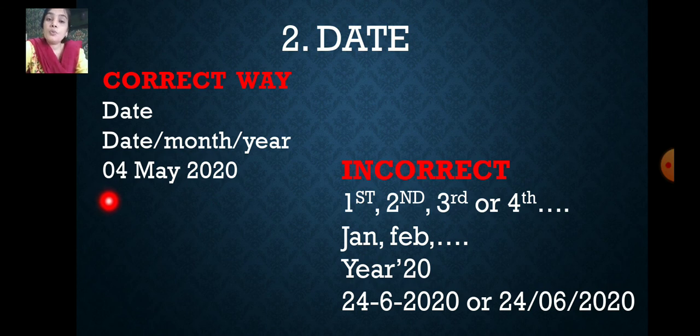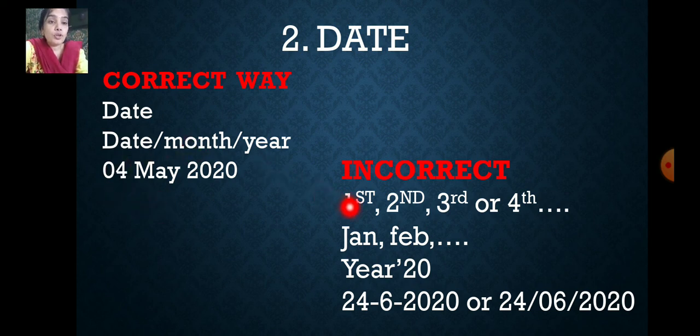If it is 7, you will write 07. And if it is October, you will write October in full spelling. And write the year, 2020. So this is the correct format of writing the date.